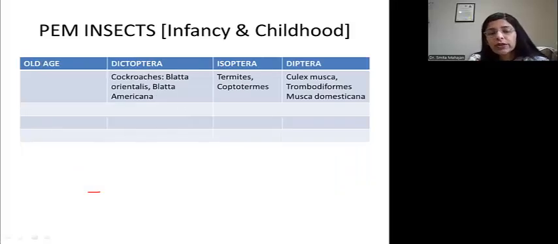Also in old age, what do you see? The cockroaches in Dictyoptera, also the termites, and Culex and Musca. Musca domestica, the fly, and Culex, the mosquito, you will see in old age.